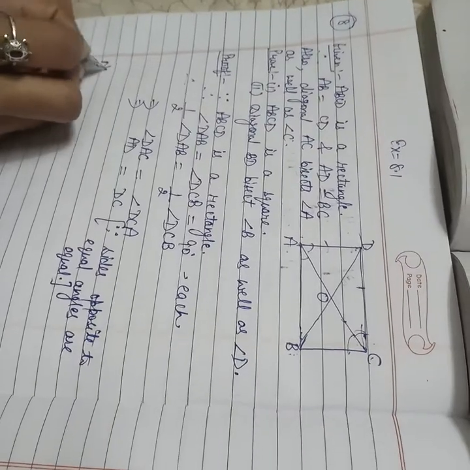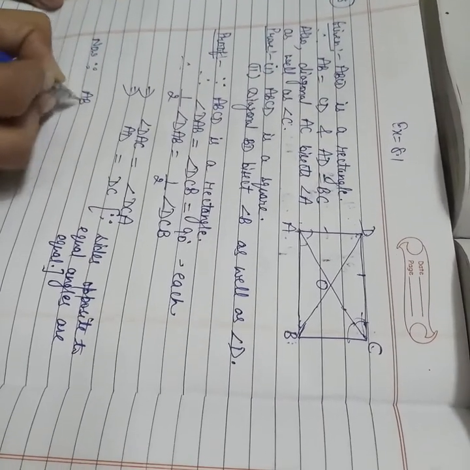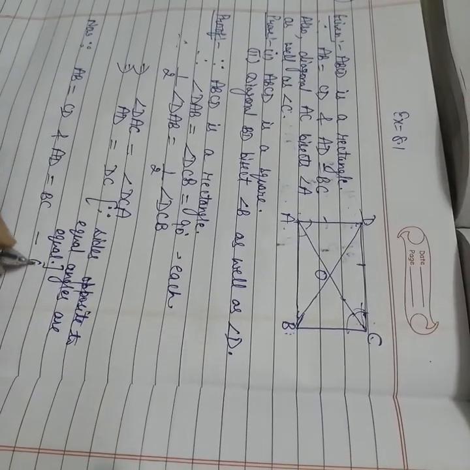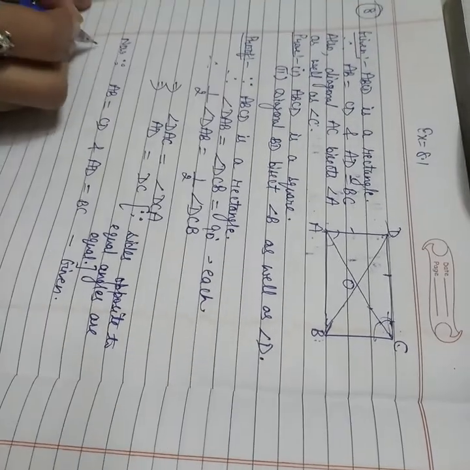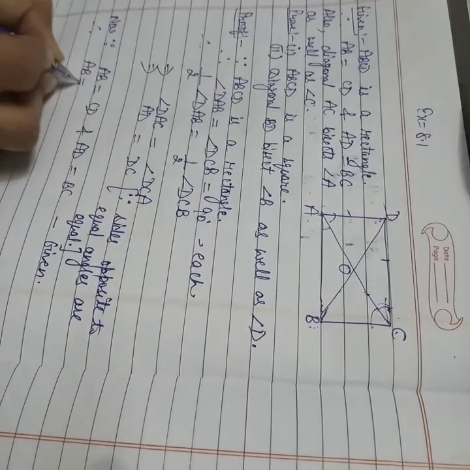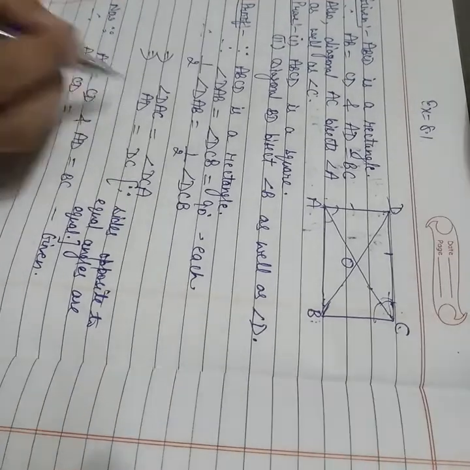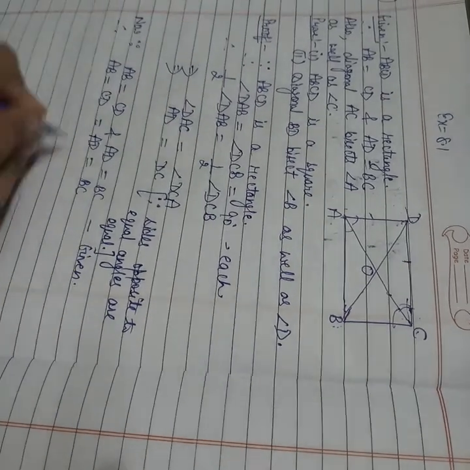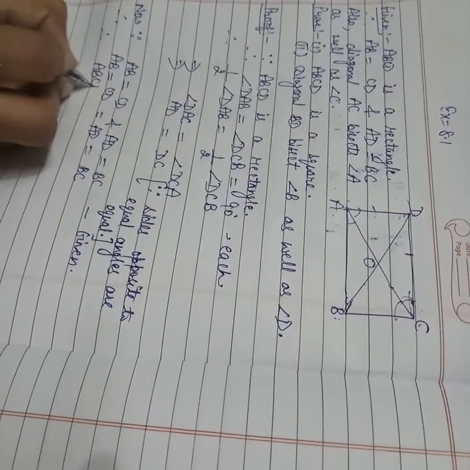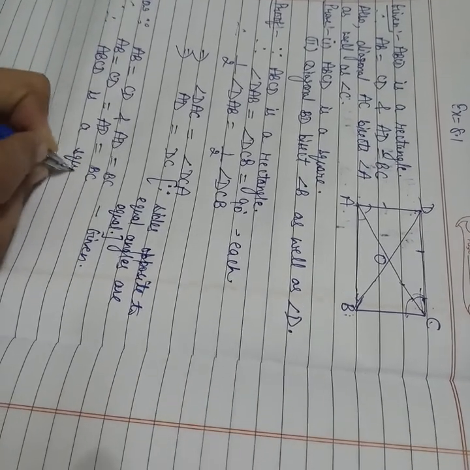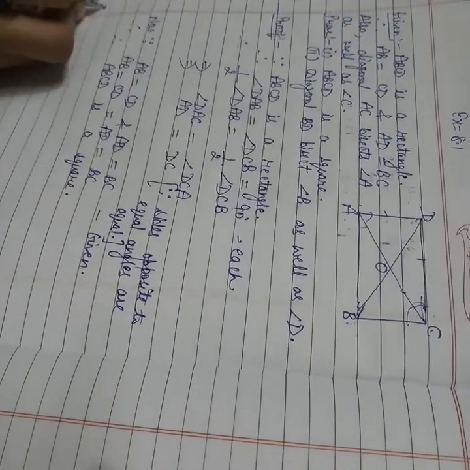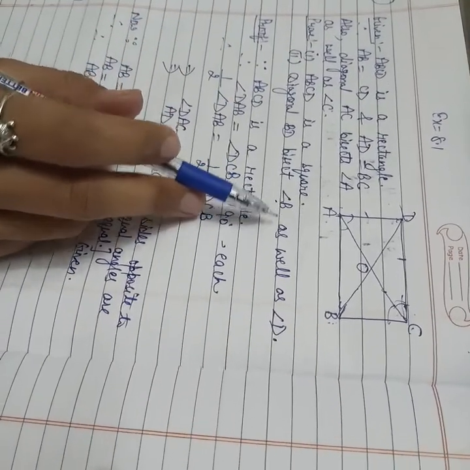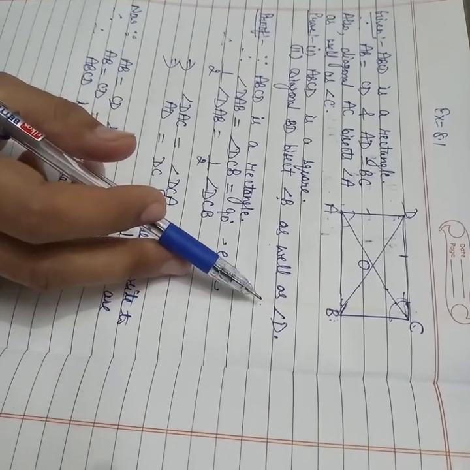Now because AB equals CD and AD equals BC, this is given, therefore AB equals CD equals AD equals BC. Now all the four sides are equal, therefore ABCD is a square.